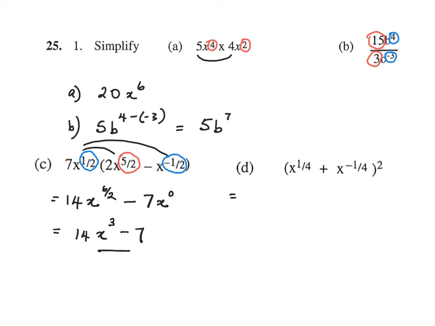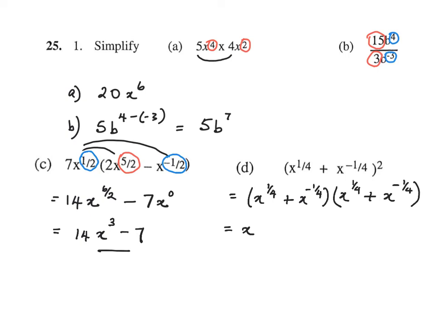In this one, we'll need to write out the bracket, the double bracket. You know how to expand brackets, so I wonder if I can make things just a bit quicker.